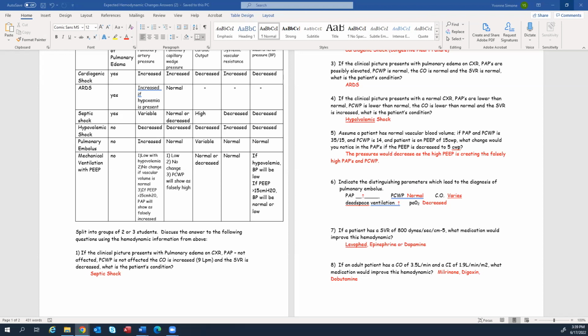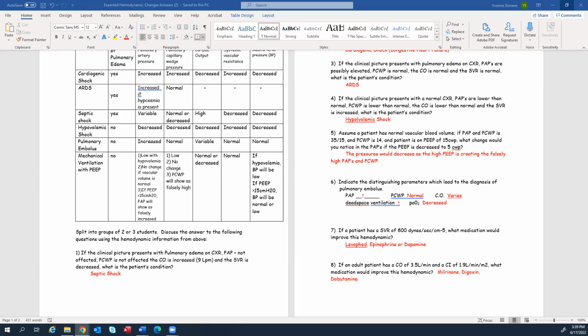What could cause a low venous oxygen saturation? Normally we want to see 75%. We want to see a PVO2 of 40 millimeters mercury. But if it's lower than that, what does that mean for us?